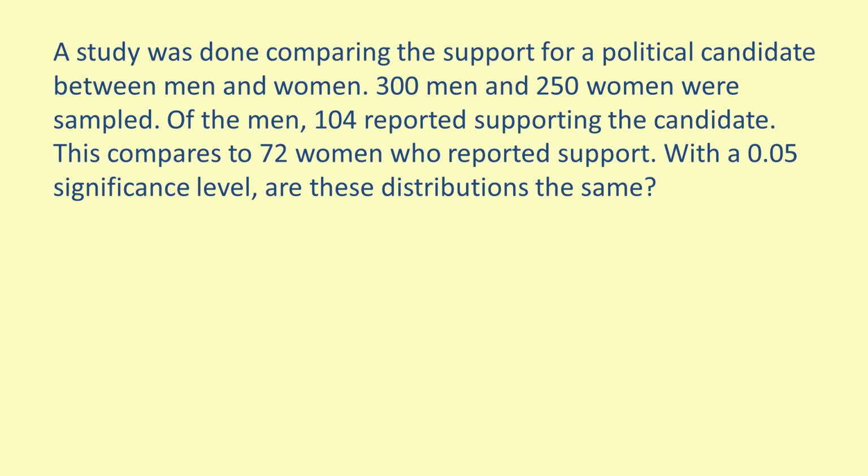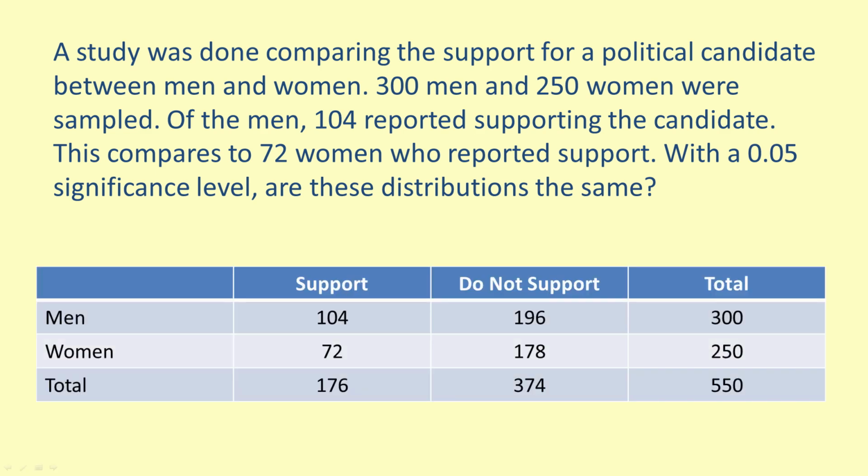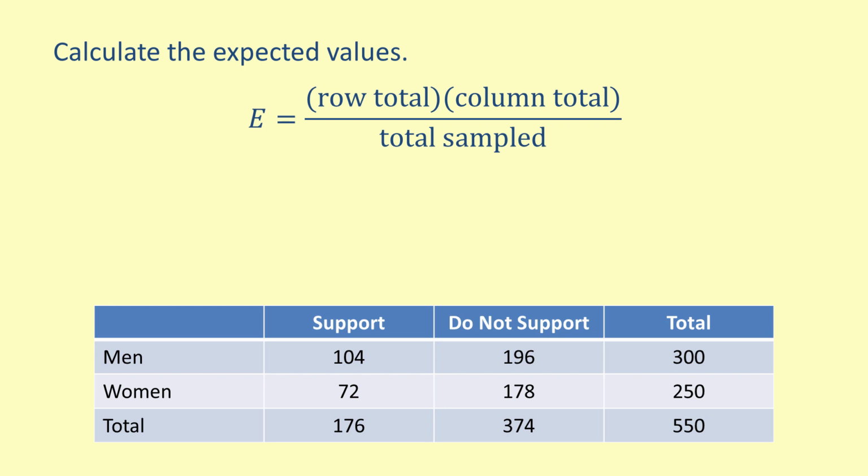First, create a contingency table with the data. Now, calculate the expected values. The expected value is the product of the row total and the column total divided by the total number sampled.